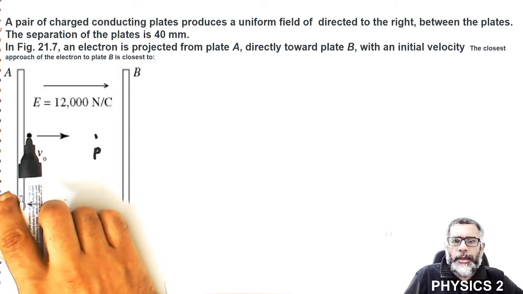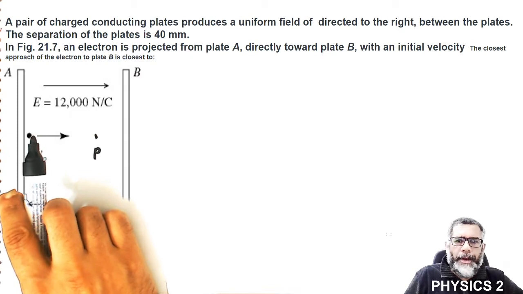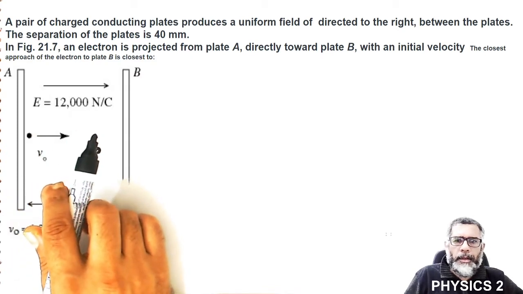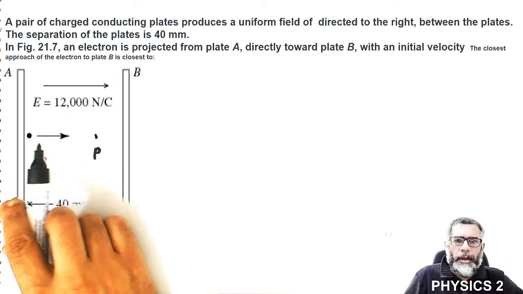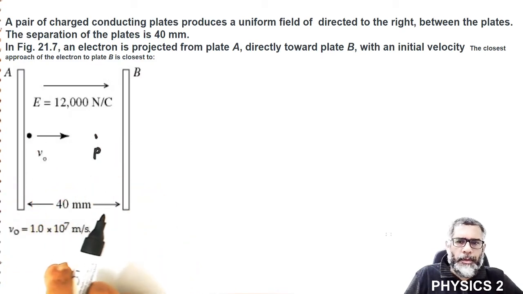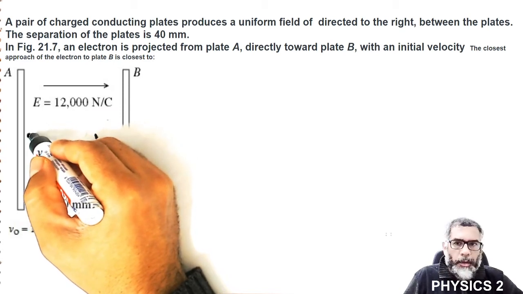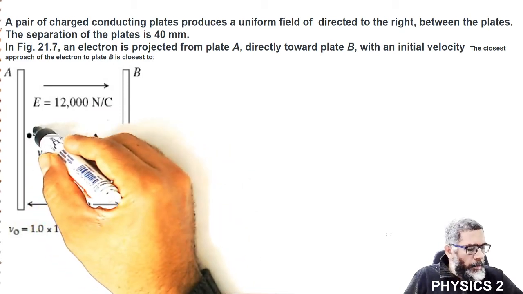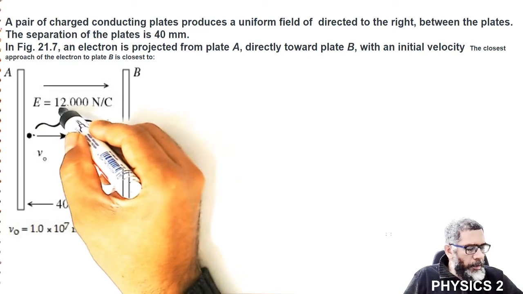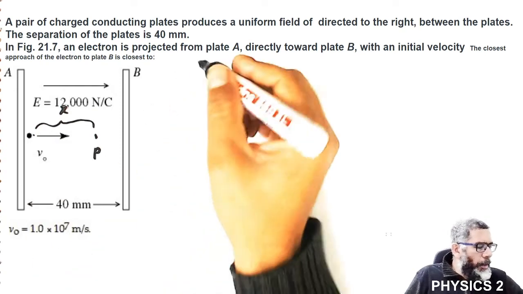All right, thinking that the electron starts its motion right on the plate A. If we can find the distance it goes, the farthest away from the plate A, we can find the distance from this point to point B, because we know the separation distance between the plates. So if we can find this distance, let's say x, the stopping distance.